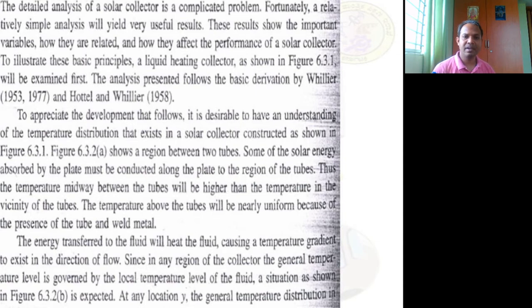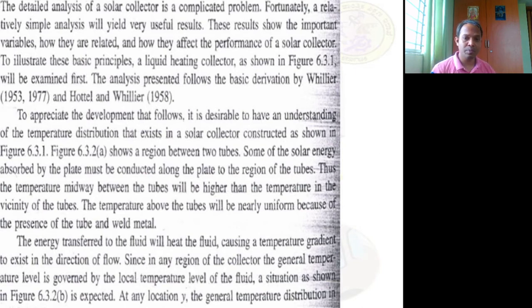To appreciate the development that follows, it is desirable to have an understanding of the temperature distribution that exists in a solar collector constructed as shown in the figures. In the previous figures we have shown it already.